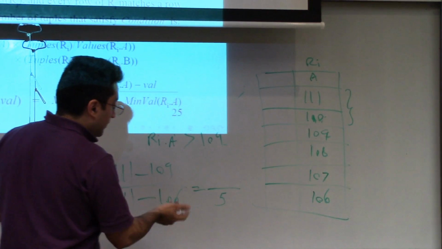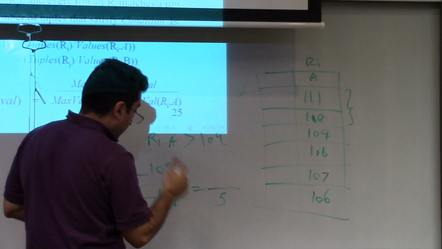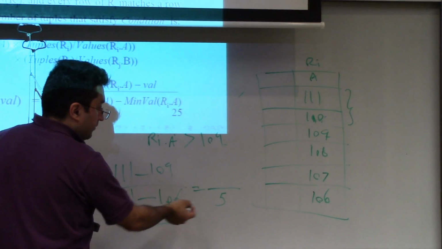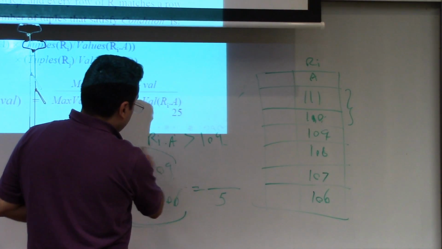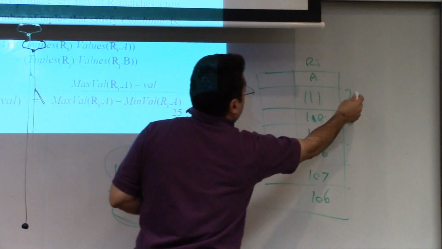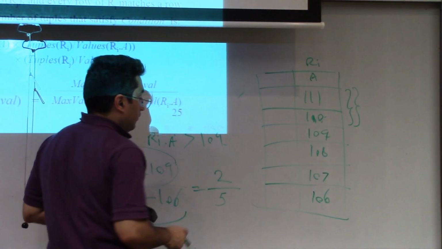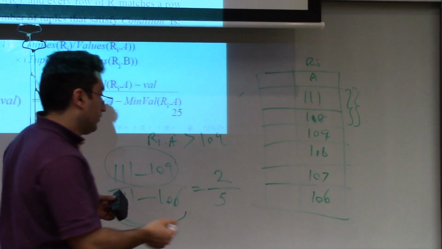Anyway, 1 plus 1 doesn't have any significant effect. So suppose that the maximum minus minimum is 5. What is the fraction here? It's almost 2 over 5 or 2 over 6.